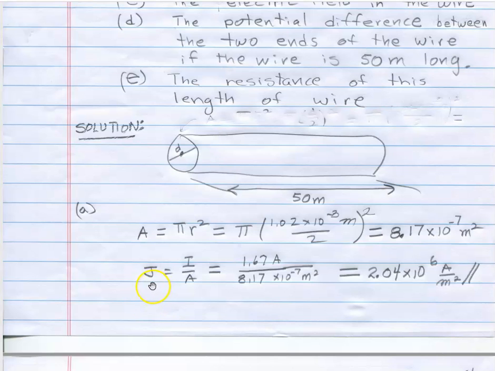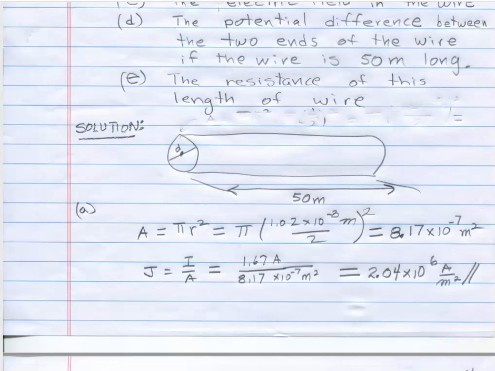Now I'm in a position where I can actually find the current density. If you remember from before spring break, the current density is represented by J. For currents uniformly distributed across that entire area, the current density is the total current flowing through the area, divided by the area A. Given that the current is 1.67 amps, where the A here is the unit ampere, and we just calculated the cross-sectional area as 8.17 times 10 to the minus 7th meters squared, we get the answer to part A, the current density: a little over 2 times 10 to the 6th amperes per square meter.